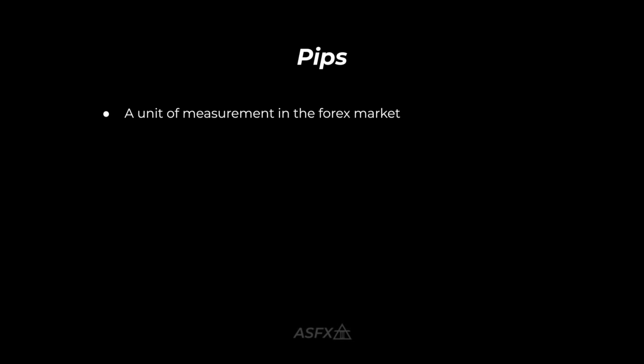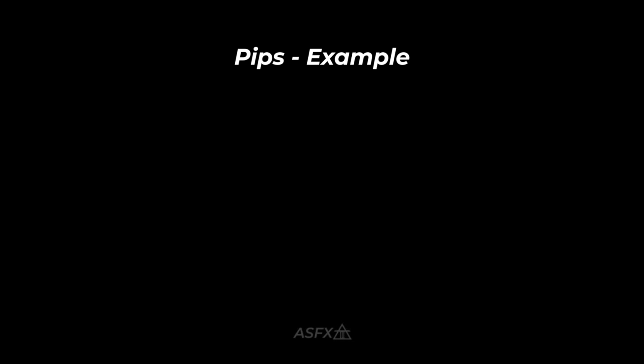Pips. This is basically the way that we measure movement in the Forex market. When we talk about trading stocks, you always talk about it in terms of dollars and cents. In the Forex market, you use the word pips to measure price instead. So the easy example that I can give you is if we have EUR/USD quoted at 1.12345 with those 5 decimal points, we can look at that and see if the 34 changes to 35, that's an increase of 1 pip.